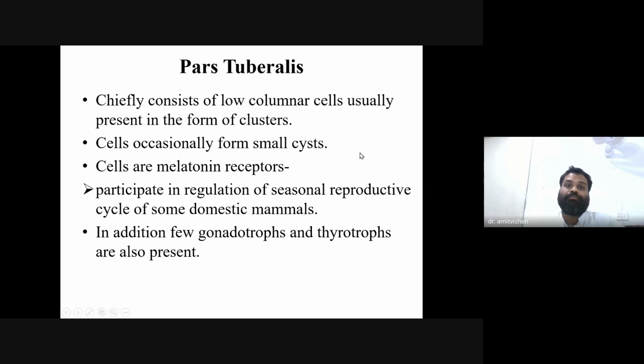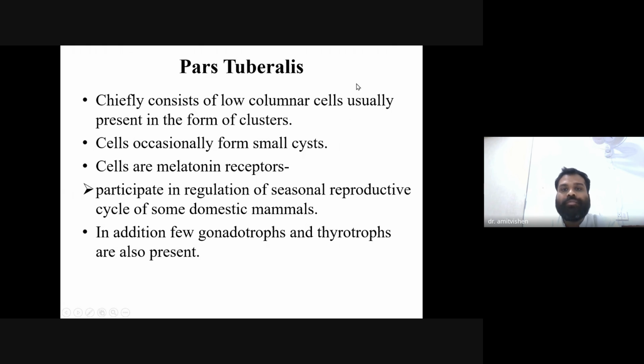Now let's talk about the pars tuberalis. You have seen in the diagram how the pars tuberalis was present in the form of a collar around the infundibular stalk. So let's just imagine that figure. If I talk about the pars tuberalis, it chiefly consists of low columnar cells.